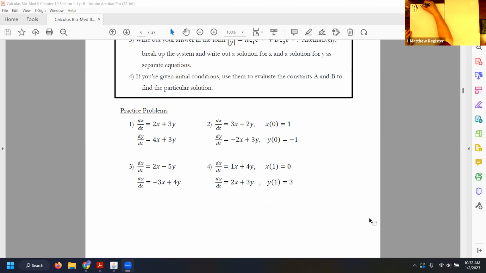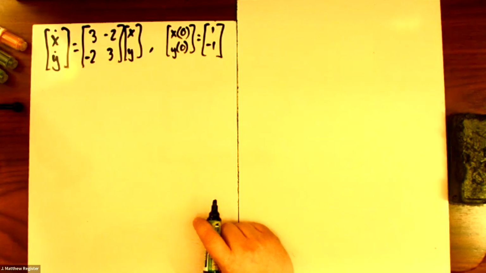It's 3, -2, -2, 3 times xy. And we're also given an initial condition. In this case, it is x of 0, y of 0 is equal to 1, -1. That should allow us to find a particular solution.